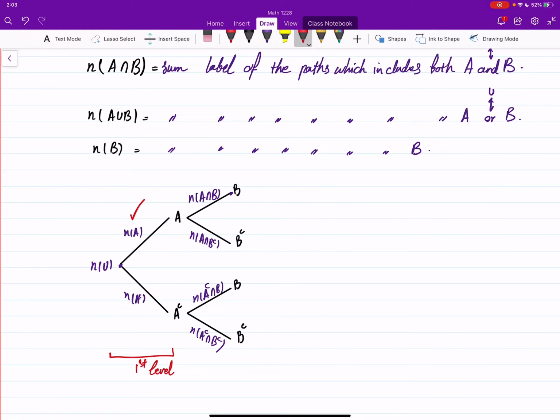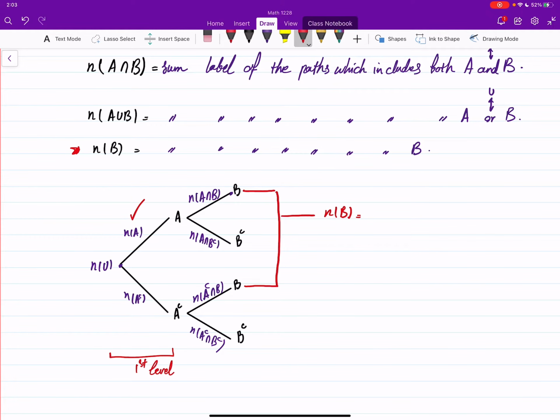But what if we are looking for n of B? As per the rule I wrote up there, which is a special case of both of the above, you go find all the paths which include B. So here I have the first one. The second doesn't have this, the third one has, okay?